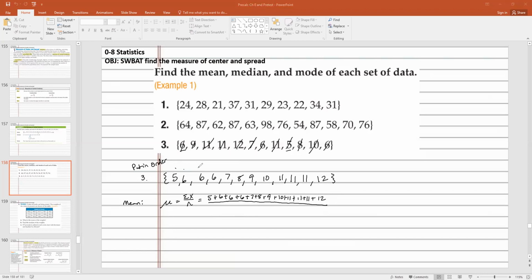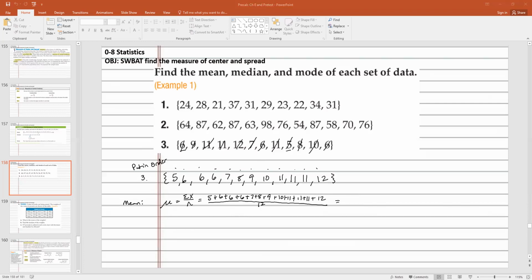We got 1, 2, 3, 4, 5, 6, 7, 8, 9, 10, 11, and 12. Oh, there's 12 numbers. Okay. If you want to add those all up in your head, feel free to be my guest. Let's use Desmos for this one.